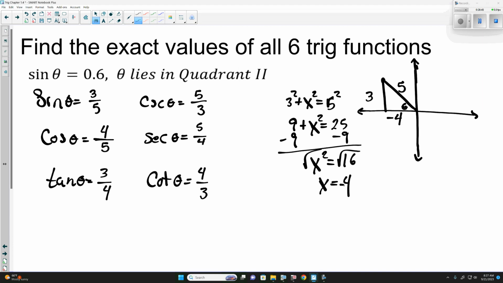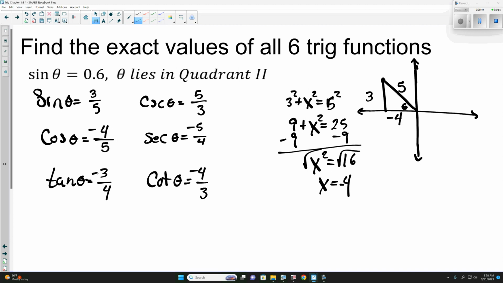Does that make sense? That's part of the reason why I do this here, because it does take that into account so that we're not having to constantly check ourselves. And it's an easy way to check because negative x-axis, we know that, we can see it, so it means these are all negative.